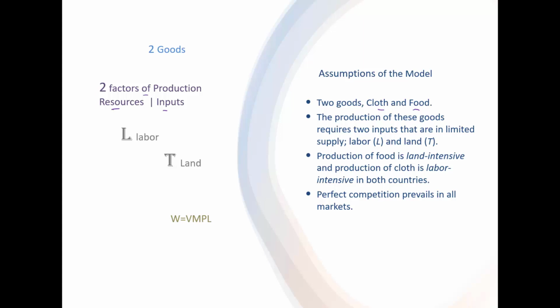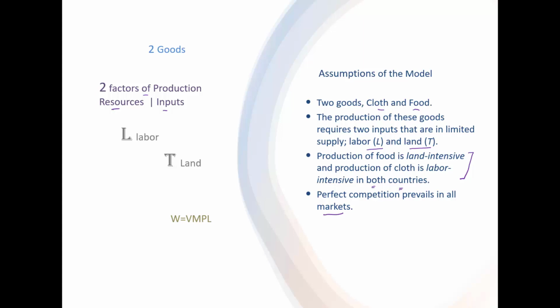All these terms are used, and these are labor and land. Okay. We further assume, which is not too crazy, that food production is land intensive and cloth is labor intensive in both the countries, and that there is perfect competition in all the markets.